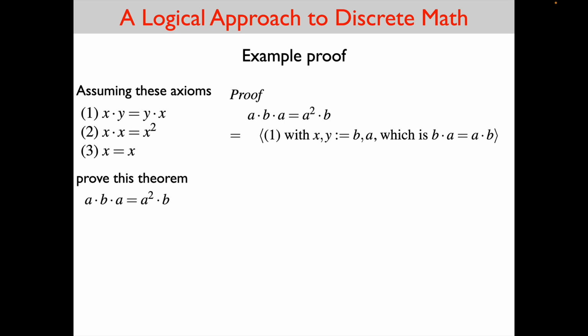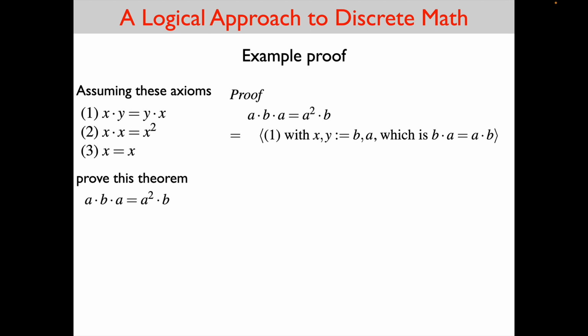Now notice this hint says 1. What is that 1? That is x times y equals y times x, right? But now look, it's not just 1 by itself, it's 1 with x comma y replaced by b comma a.